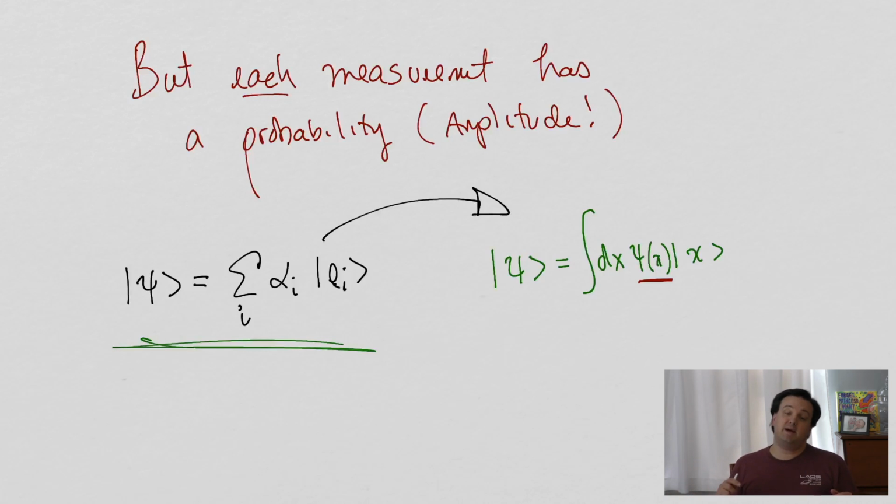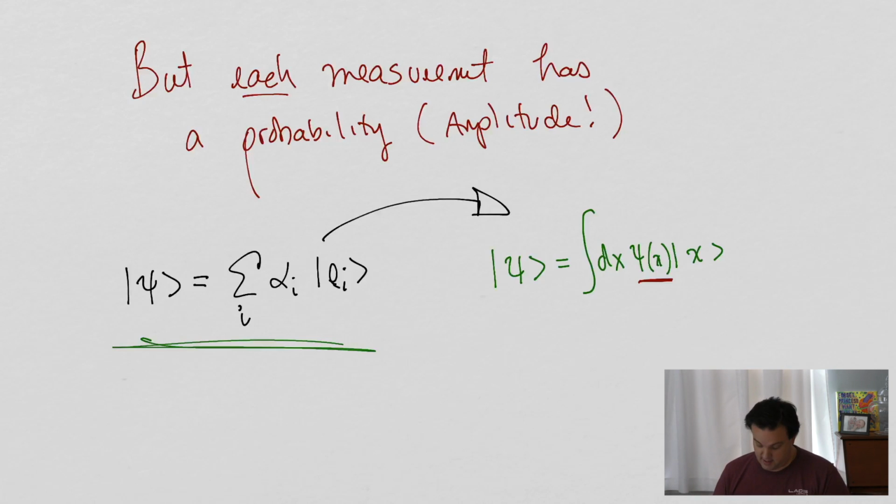Because now I'm saying for every single state x, there's some probability amplitude of being in that state. But of course, since x is continuous, the function that describes those probability amplitudes, which I'm calling psi, must also be continuous. It is now not a set of discrete pieces of information. It's a continuous function that helps me map out the probability amplitudes of being at any of these eigenvectors.